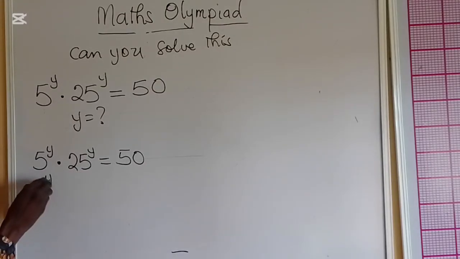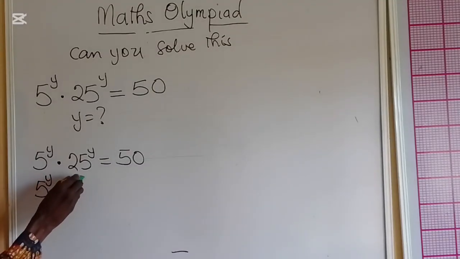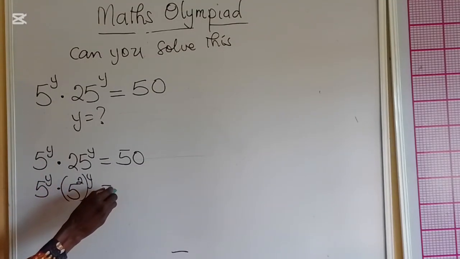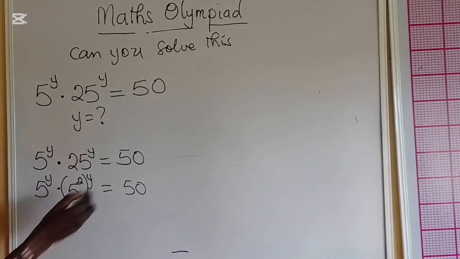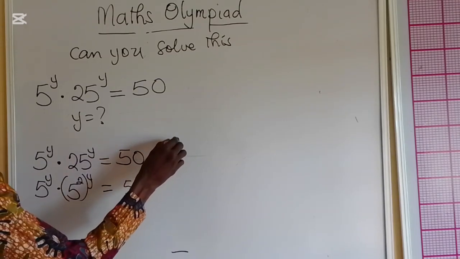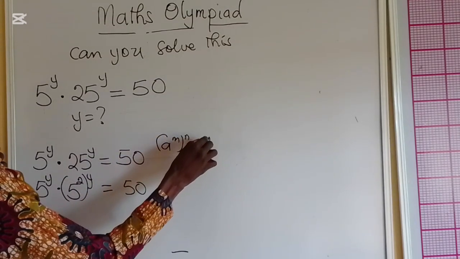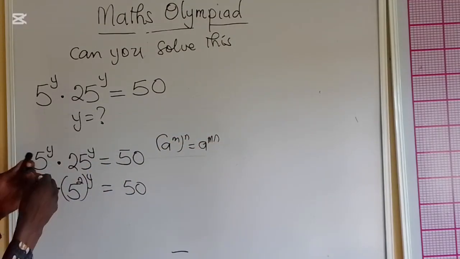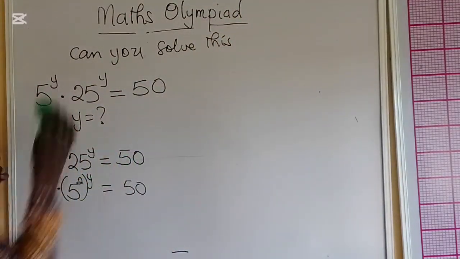So 5 raised to power y dot 5 raised to power 2 bracket y is equal to 50. And take note, (a^m)^n is a raised to power mn.